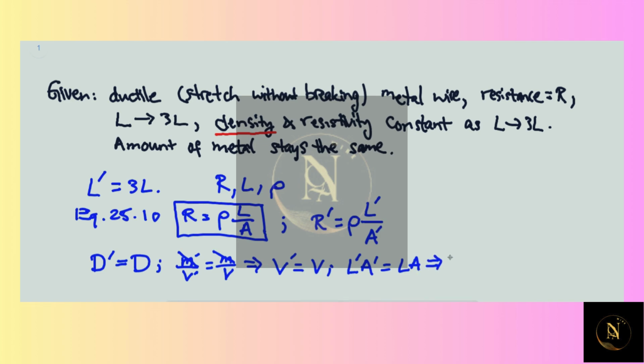But we know that L prime is 3 times L, so 3L times A prime is equal to LA, or the new area, A prime, is equal to 1/3 of the original cross-sectional area. And now we can use the A prime that we just found in this equation right here.